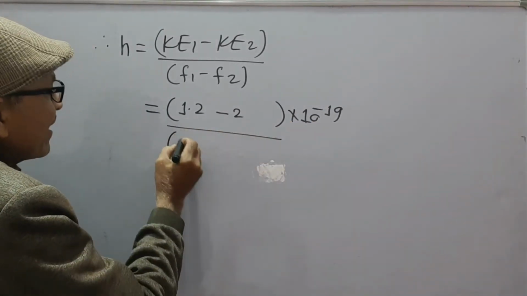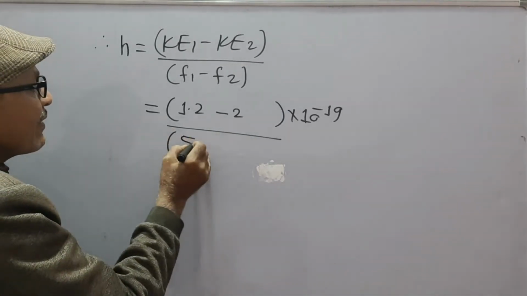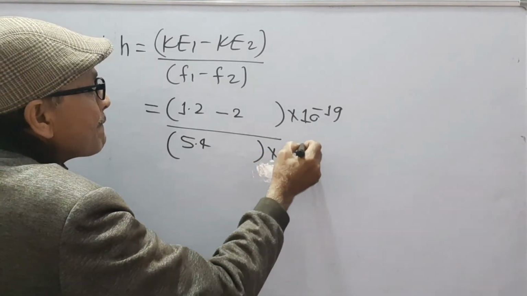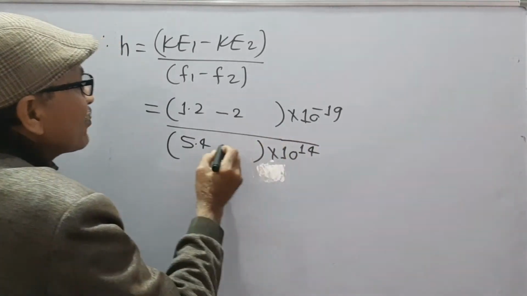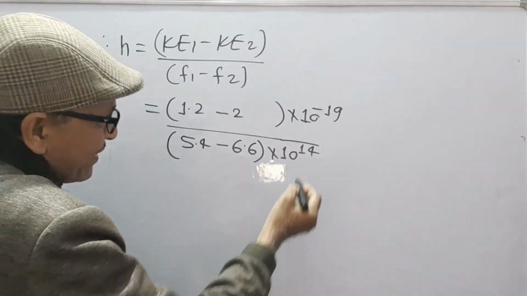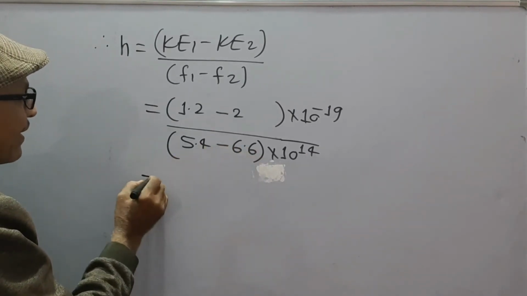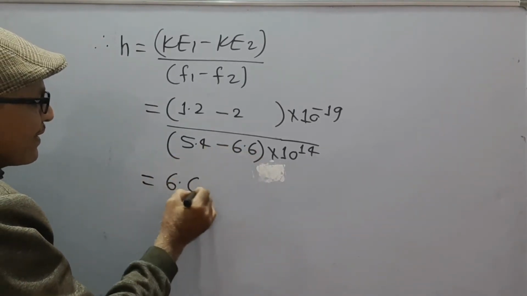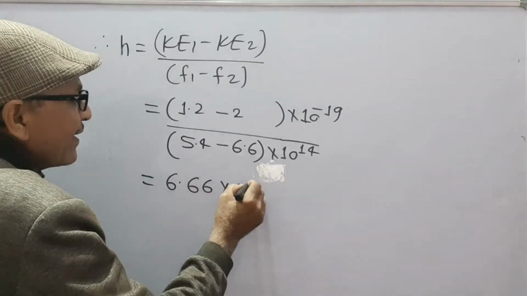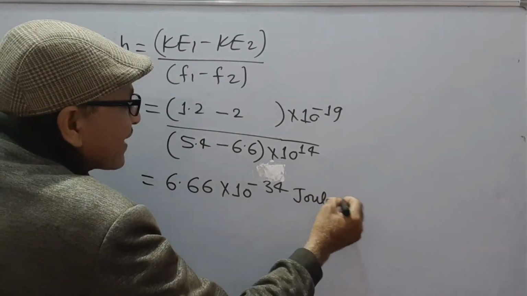Similarly, f1 has value 5.4 into 10 to power 14, and f2 has value 6.6 into 10 to power 14. 10 to power 14 is common to both, and on simplification we get Planck constant as 6.66 into 10 to minus 34 joule second.